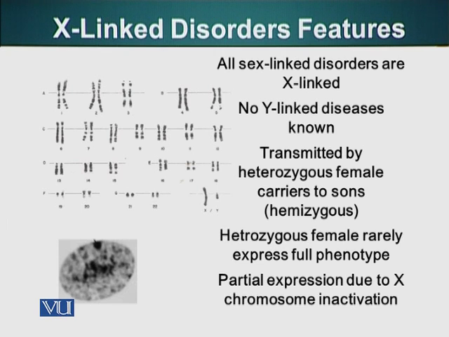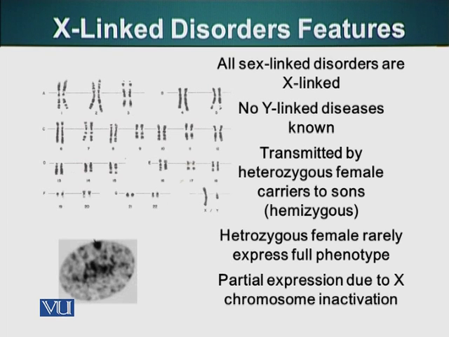In this case, this is an exception because, as you can see on the screen, males have one X chromosome and females have two X chromosomes. So females have twice the dose of X chromosome as compared to males. Cells are sensitive to gene dosage.